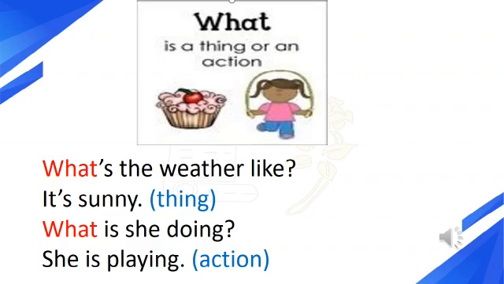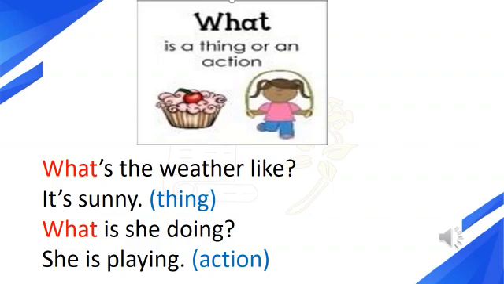Don't forget, sunny here is an adjective. We talked about nouns and adjectives before. Here, we want to talk about the weather. The weather is sunny. We described the weather as it's sunny.